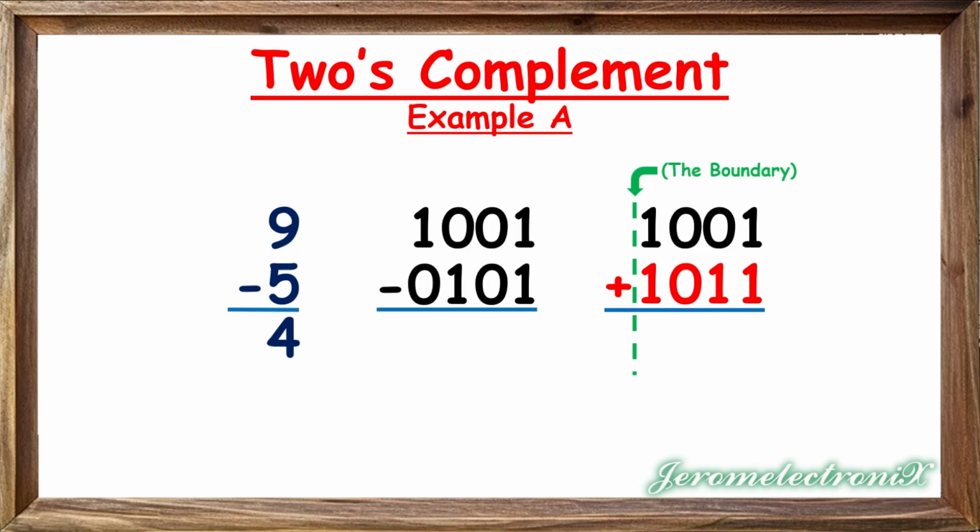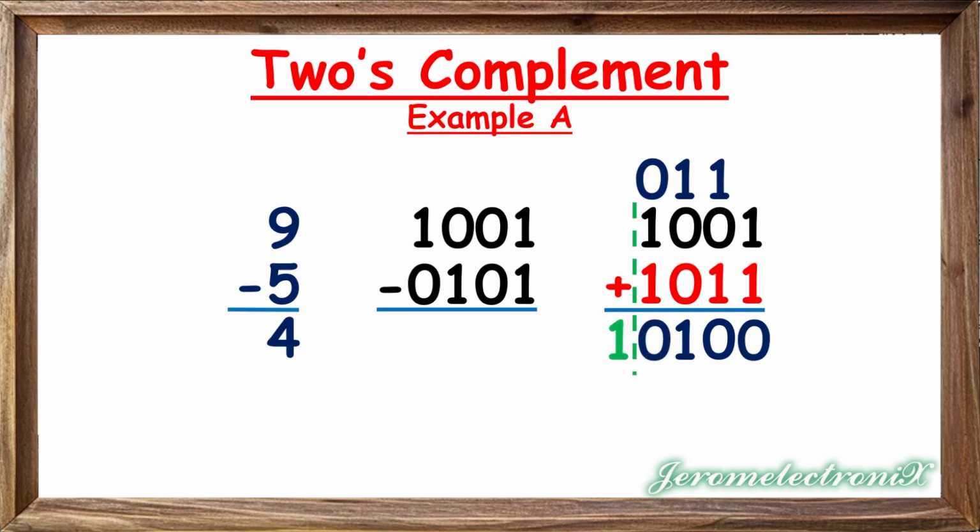Okay, 1 plus 1, 0 with a 1 carryover. 1 plus 0 plus 1, 0 with a 1 carryover. 1 plus 0 plus 0 is 1 with a 0 carryover, and 0 plus 1 happens to be a 0 with a 1 carryover.